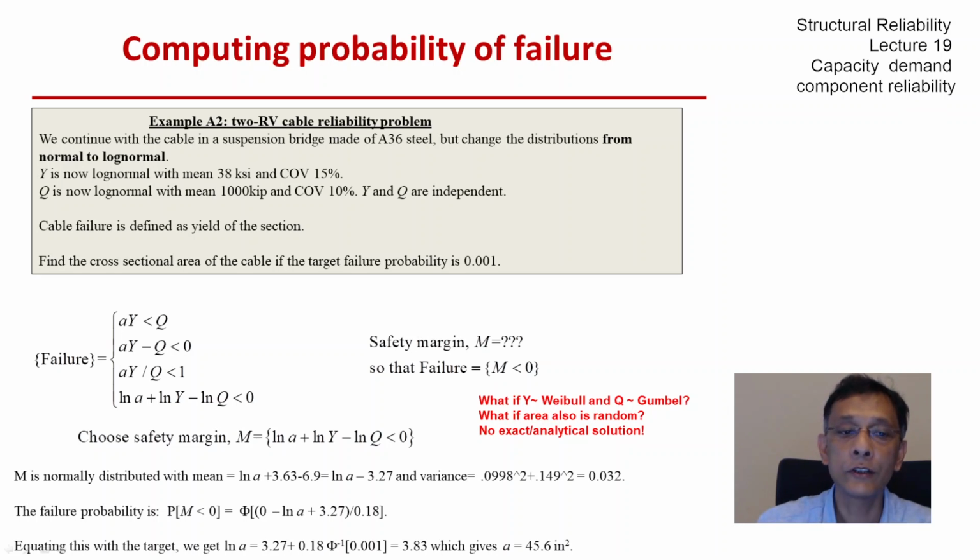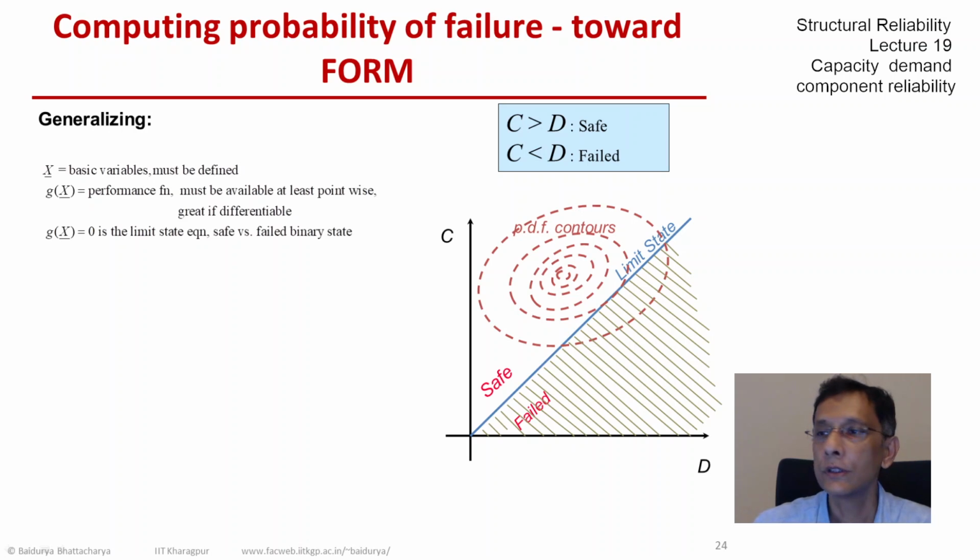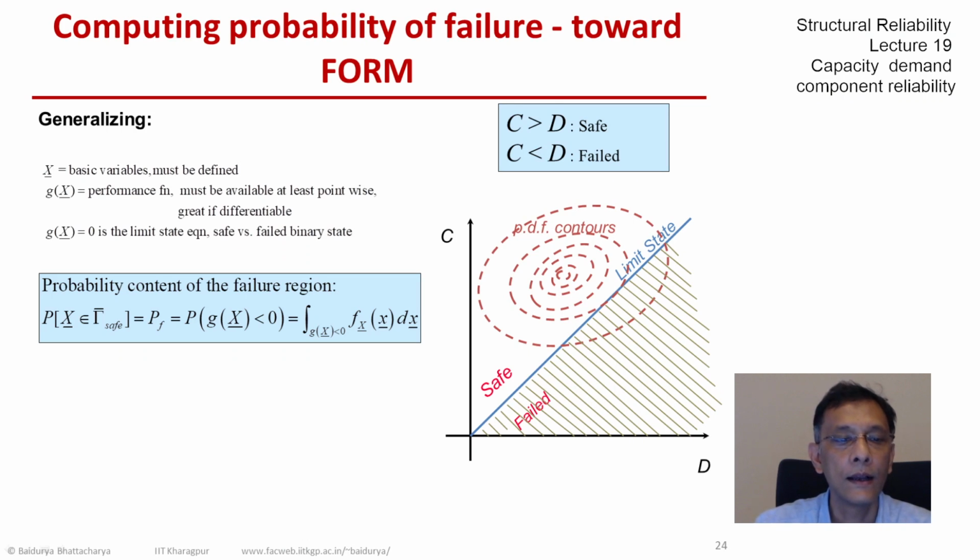But we still need to solve such problems, and that is why we are going to look at approximate solutions. In particular, we are going to look at approaches where we would like to estimate the probability content given a limit state equation in terms of basic variables of arbitrary size and arbitrary distributions.